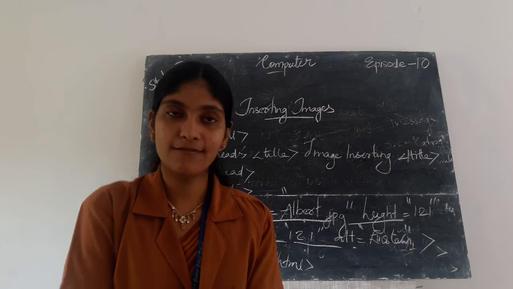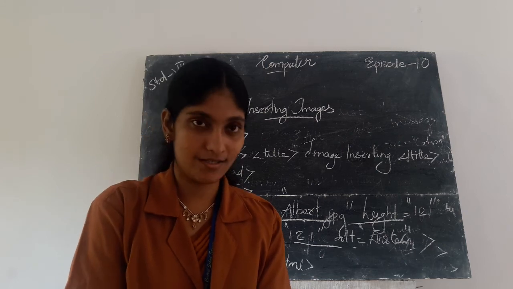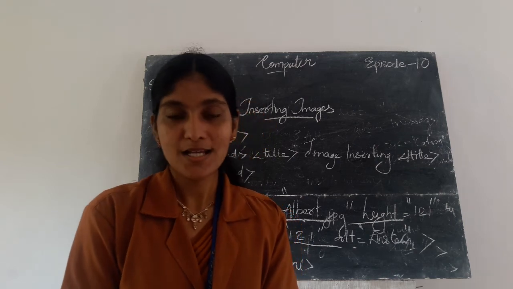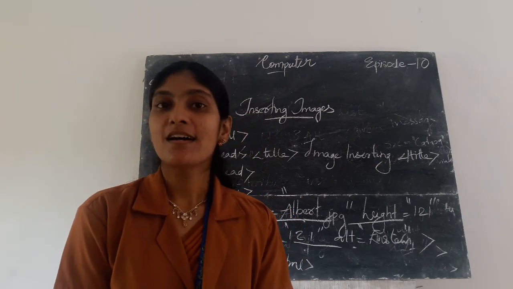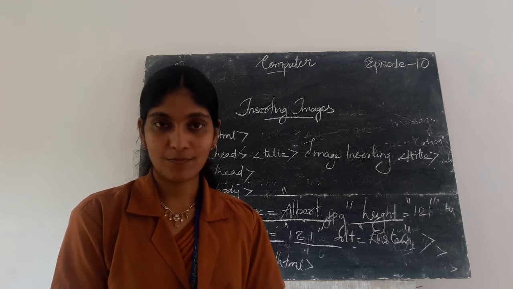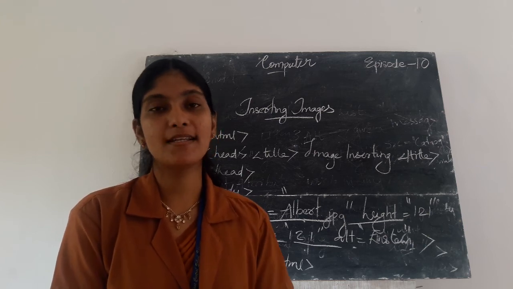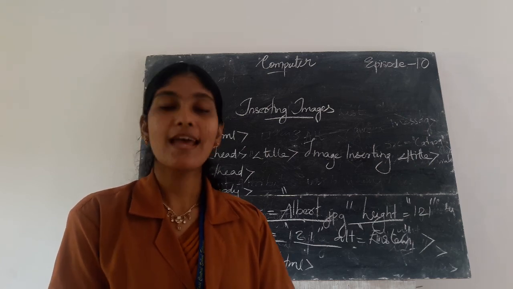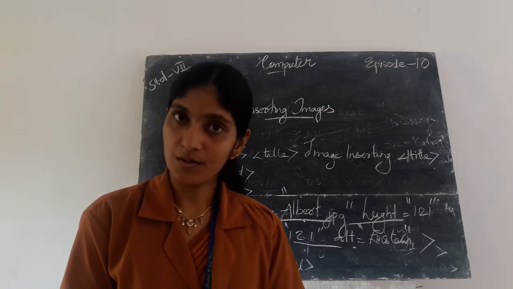So once again, first of all, we started with HTML. We know HTML is used for creating web pages. In this chapter, there are two types of list: bulleted list and numbered list. The bulleted list is also known as the unordered list, and the numbered list is known as the ordered list.